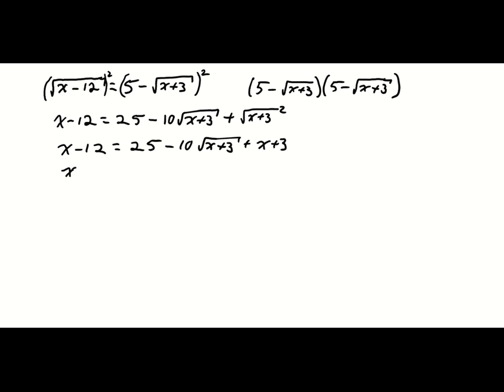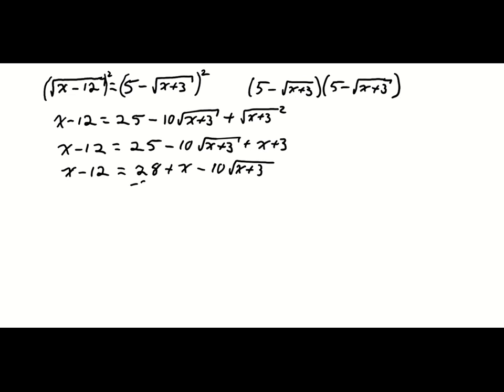From there, we can now clean that up some more because now we have like terms. We have 25 and 3 is 28. And then we have an x term, and then we still have a radical in there. From there, we need to get everything but the radical on the other side.